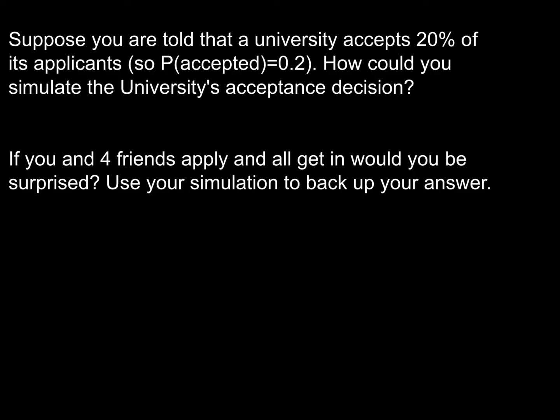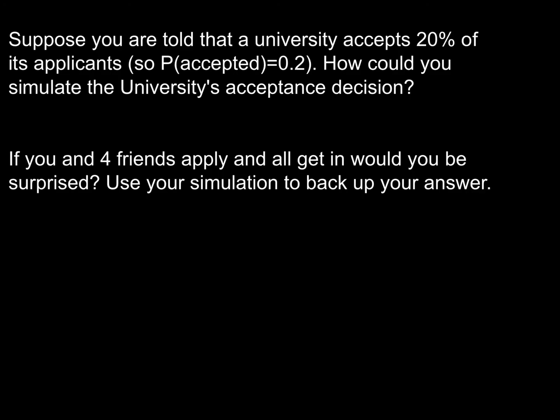I want you to pause the video and think about a method that you could use. We've actually seen 2 different types of methods early on in the class that will allow you to model this situation. I want you to write out how you could model something with a probability of only 20% or 0.2, and then use it to see how long it'll take you to get 5 people in a row into the university.